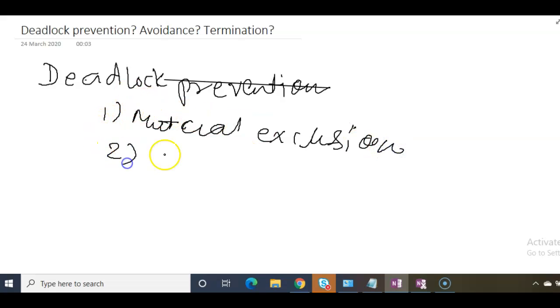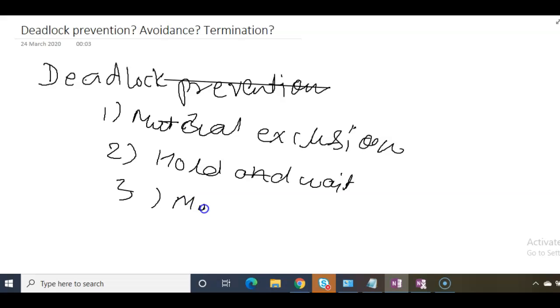And then hold and wait. Then I think non-preemption. These are the things that I have discussed in the previous video. So non-preemption.